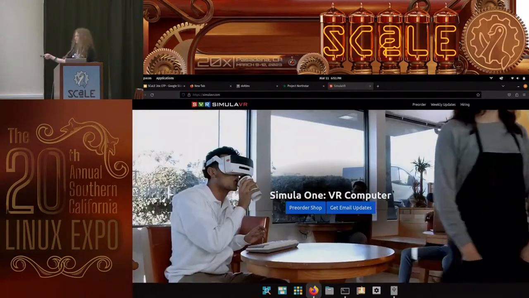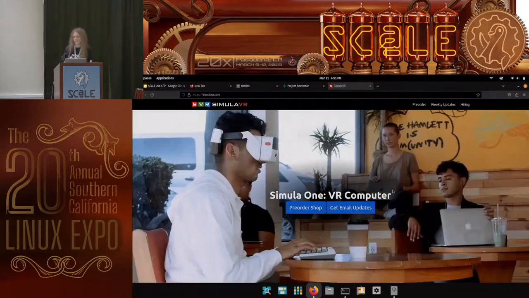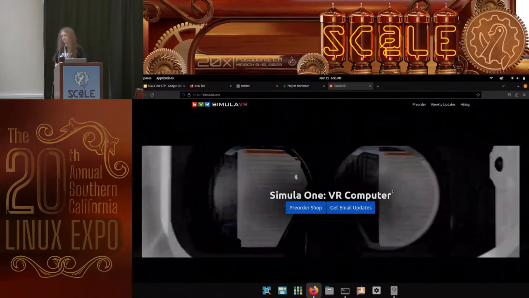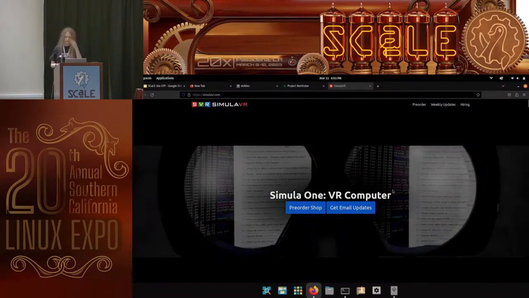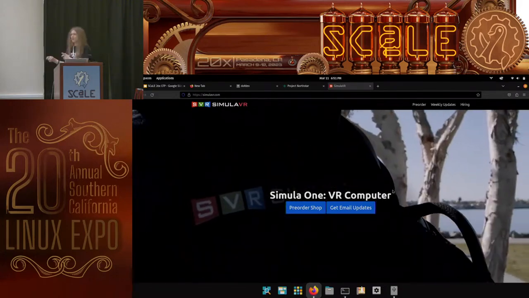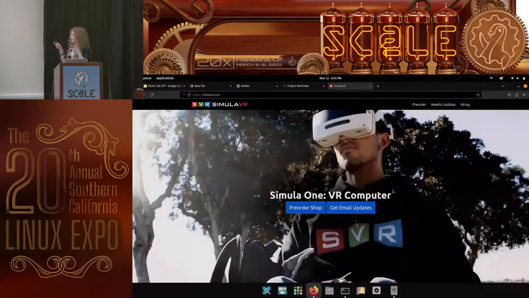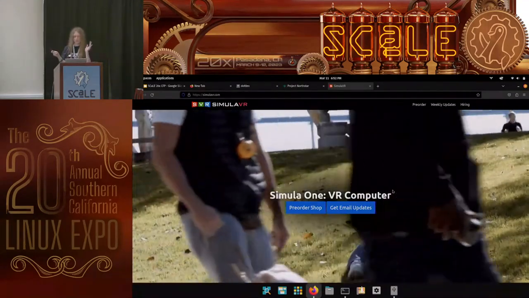So I think these are two great examples of Linux on XR headsets, right? And good news is Stardust can work on both of them. That's a plus. Right now, with the Simula one, you can put it on and see all of these things.